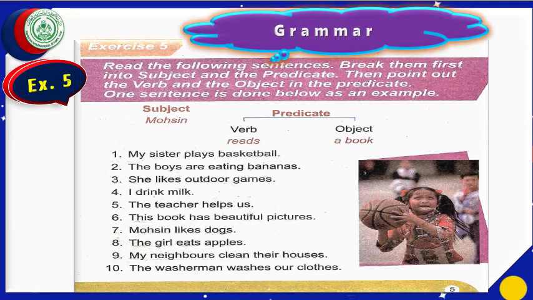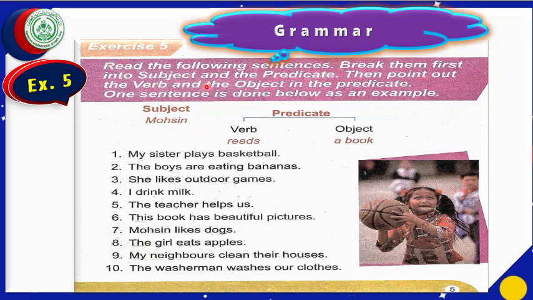After this, we shall do exercise 5 of our grammar book. Dear students, in your book, this exercise exactly looks like this. Let us read the instructions. We are told here, read the following sentences.